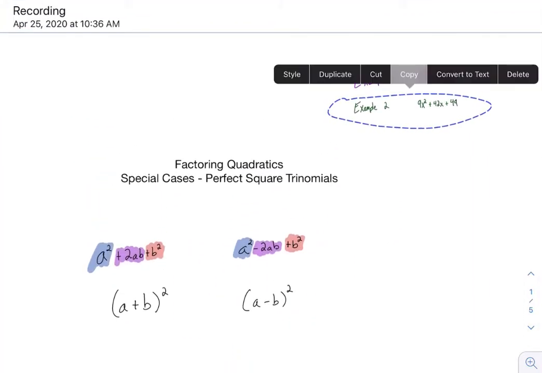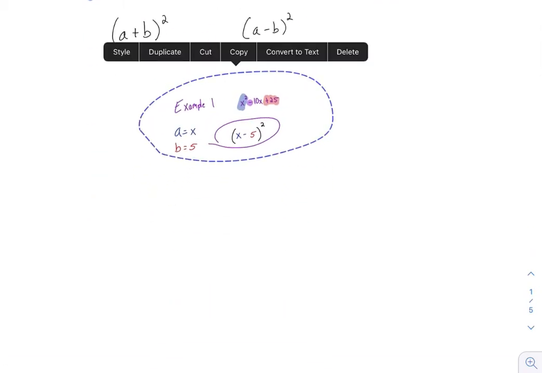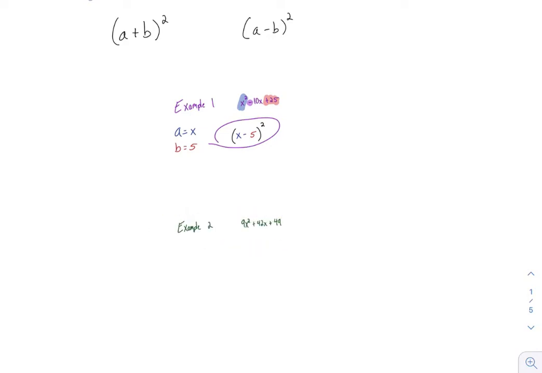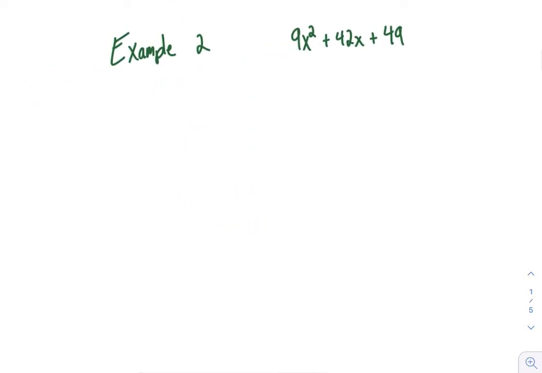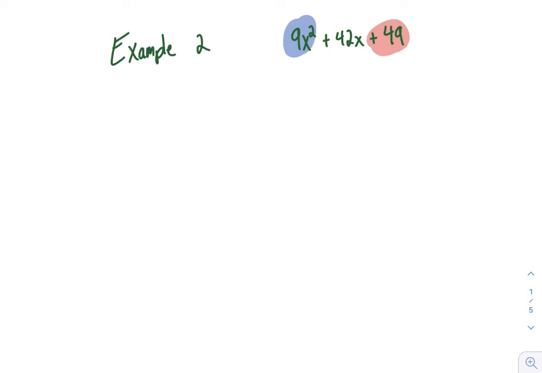Finding that middle term is probably the hardest part of this. That's why I do it as a check afterwards, because you might miss some if you're looking for all three conditions at the same time. So again, I'll go through and say, is the first term a perfect square? Yes. Again, this is usually easy to recognize, and it's usually easy to recognize the last one's a perfect square. Again, the last one has to be plus or this doesn't work.